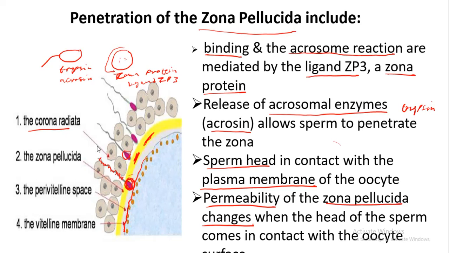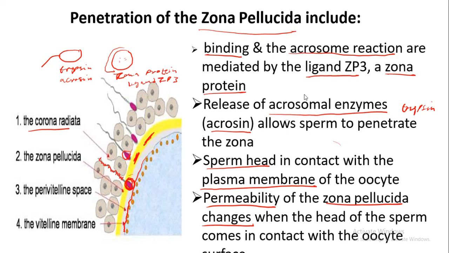After that, the sperm had to penetrate through the zona pellucida. When it attached to the zona pellucida, it had to be helped by the ligand ZP3, the zona proteins, and these other proteins from the male.